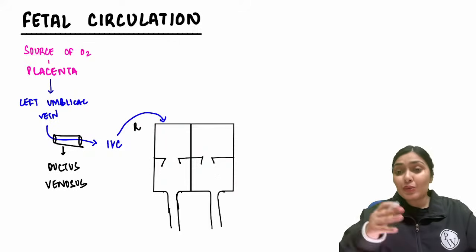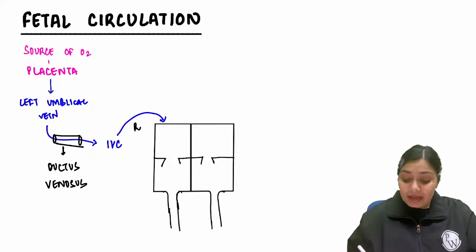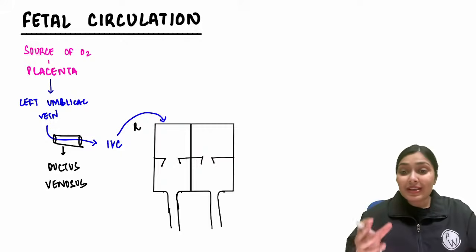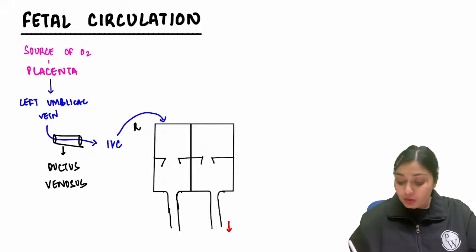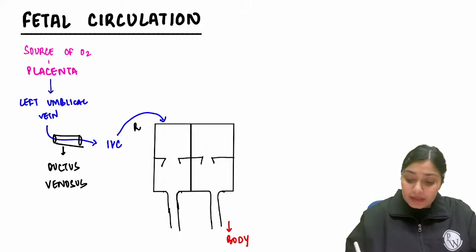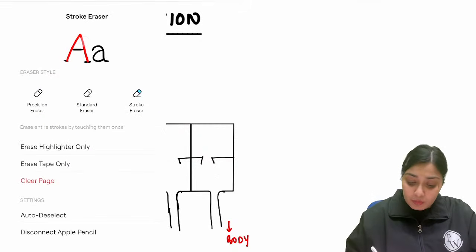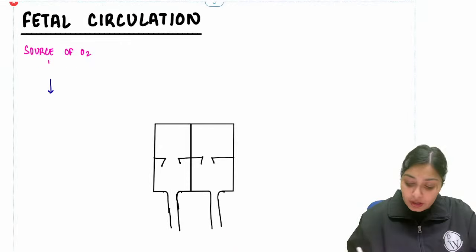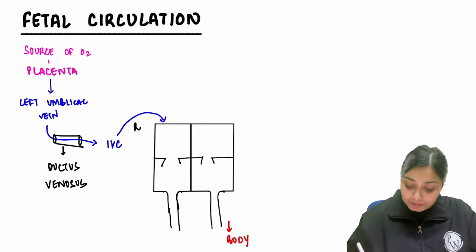What happens as soon as it reaches the right side? We know our body is going to get oxygen from the left side, so most of this blood is going to be shunted out through a shunt over here.